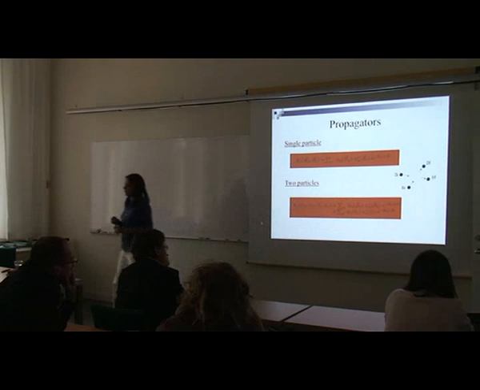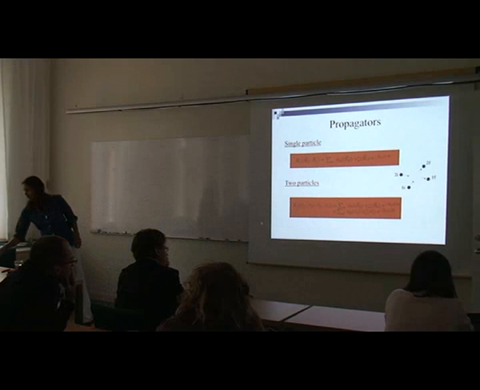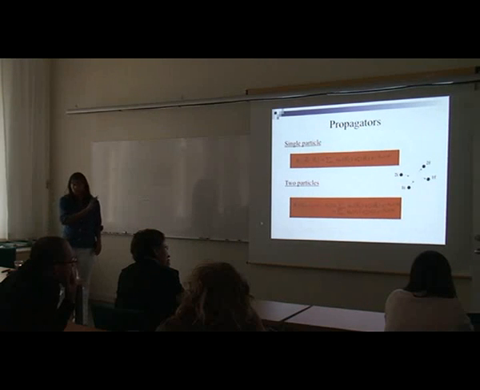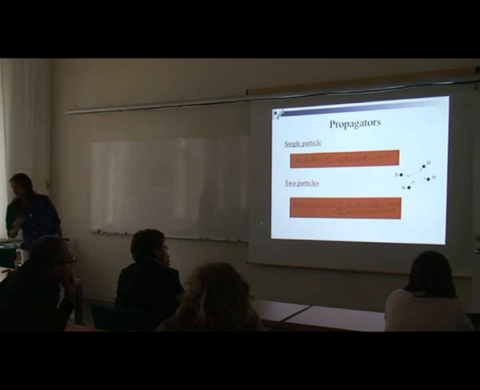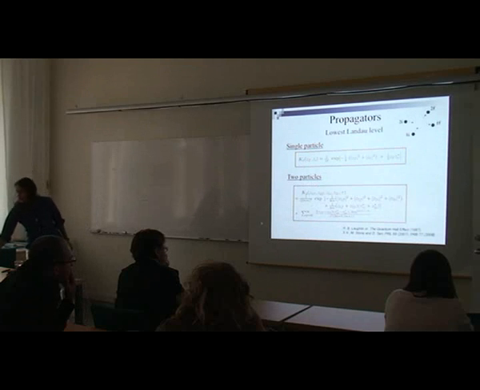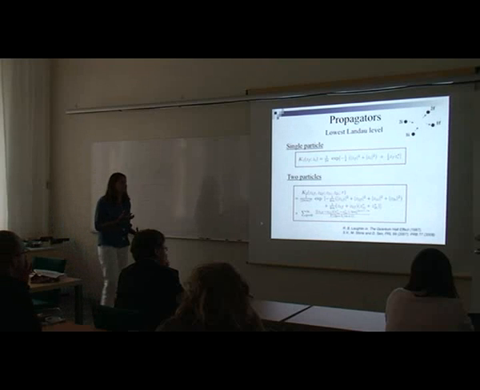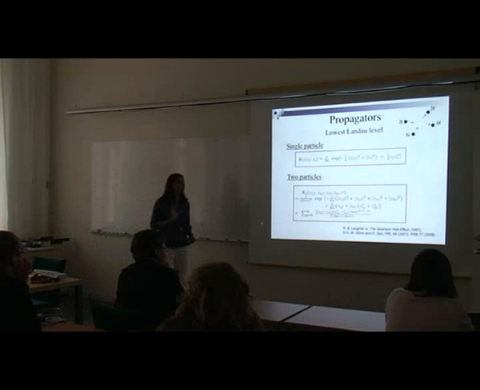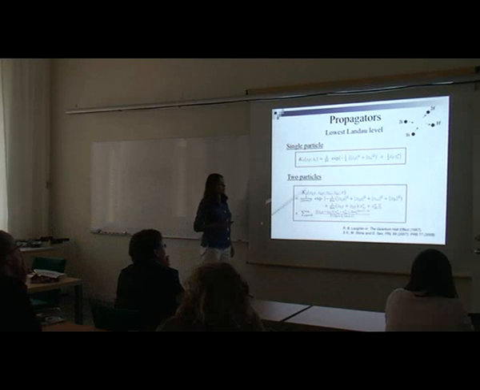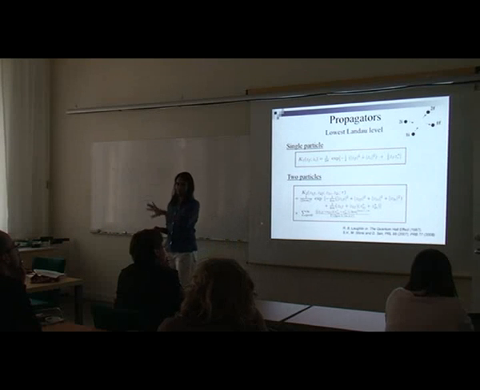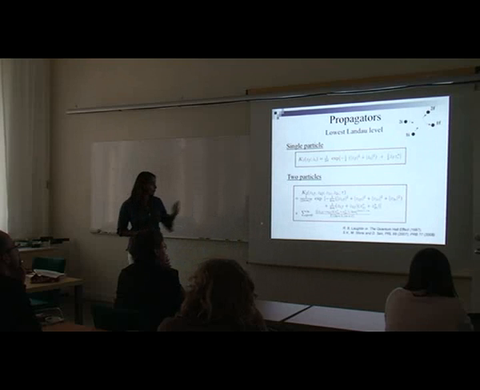Using the wave functions that I showed you in the previous slide, I can calculate this for the lowest Landau level. Never mind the form, it's messy, and I won't go over it in great detail. This is what you have for the single particle, and this is what you have for the two particles. I just want to make a comment on this, and if any of you have any insight into this, please let me know.